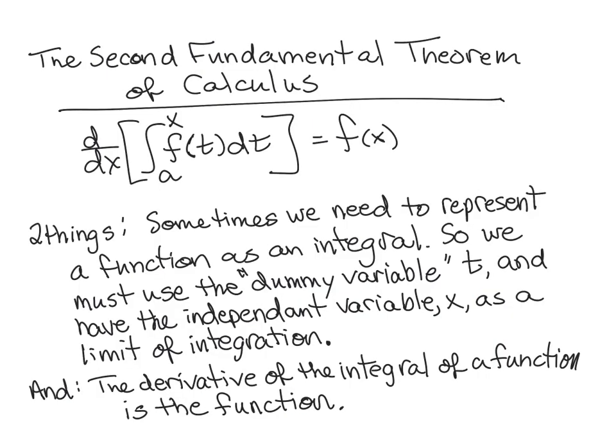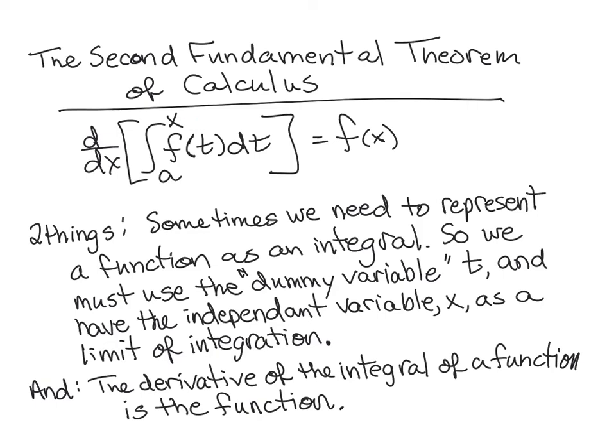All right, the second fundamental theorem of calculus is that the derivative of the integral gives me the function. Now, two things to notice. The second thing, the derivative of the integral gives me the function because the integral is the antiderivative. So if you take the derivative of the antiderivative, they undo each other and you end up with just your function. But notice that this integral is with respect to t, and one of the limits is x.